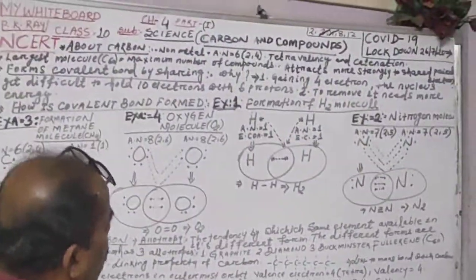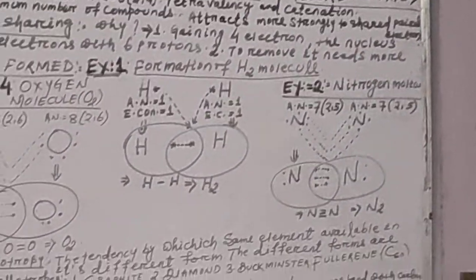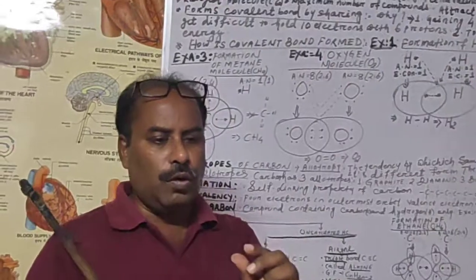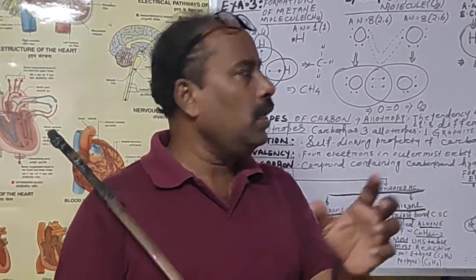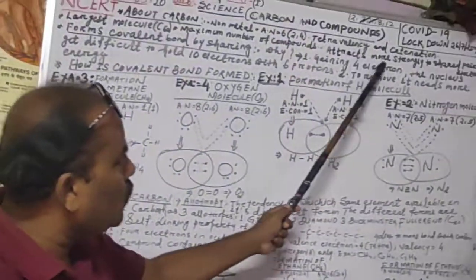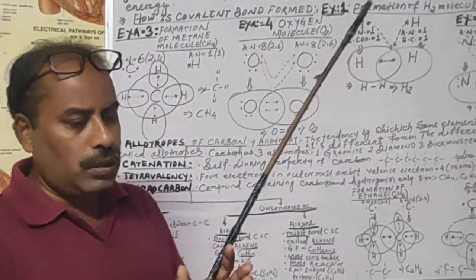Then it attracts more strongly. The carbon atom is very small, so its nucleus attracts the outermost electrons very strongly, and it also attracts the shared paired electrons.